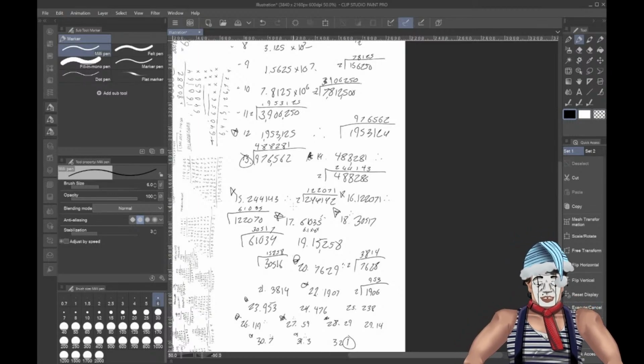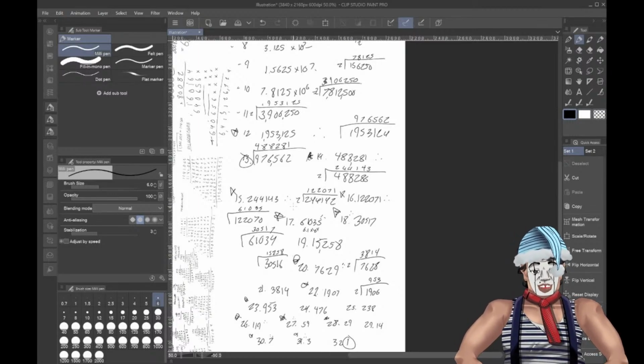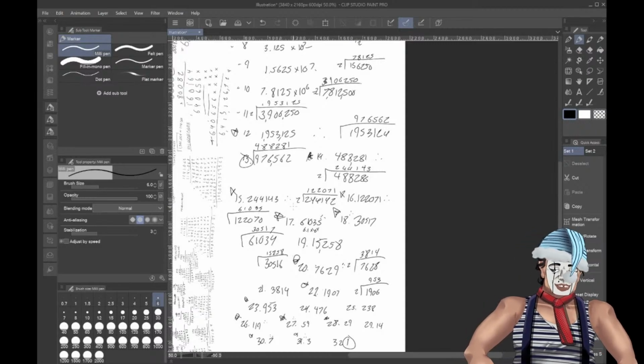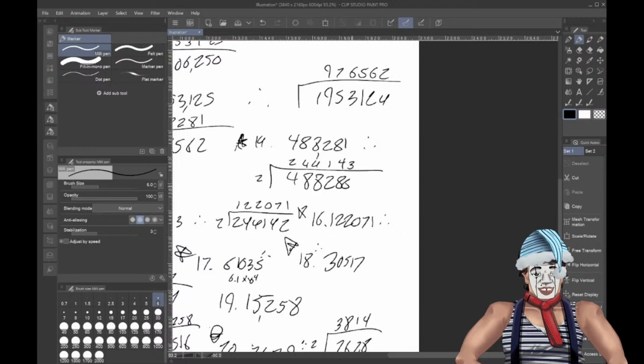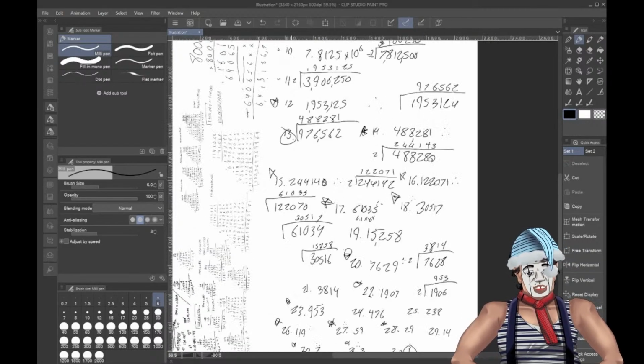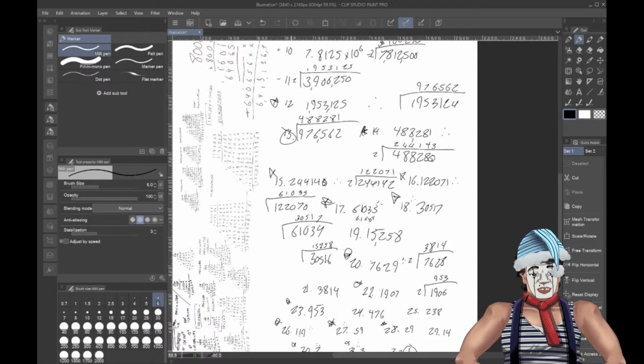Okay. 244,140. Cut in half is 122,070. It's an odd game. Yep. And this cut in half in game 17 is going to be 61,035.